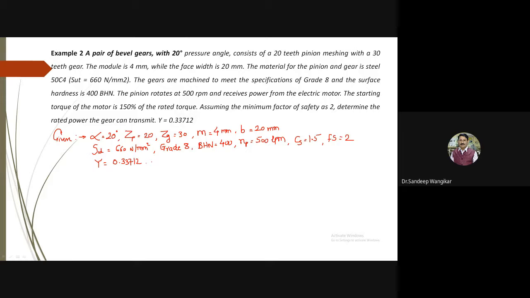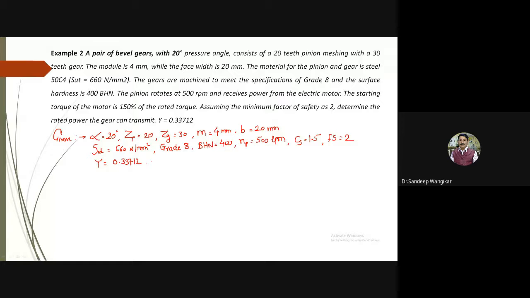If you refer to the given data, we can calculate the beam strength. Module is given and all the things are given, so we can calculate the beam strength. BHN is given, so we can calculate the wear strength. Gear grade number 8 is given, so we can calculate the errors and we can calculate the PD. We can calculate the P effective.